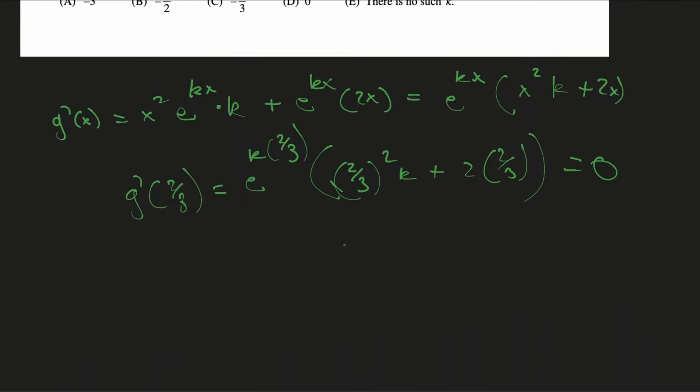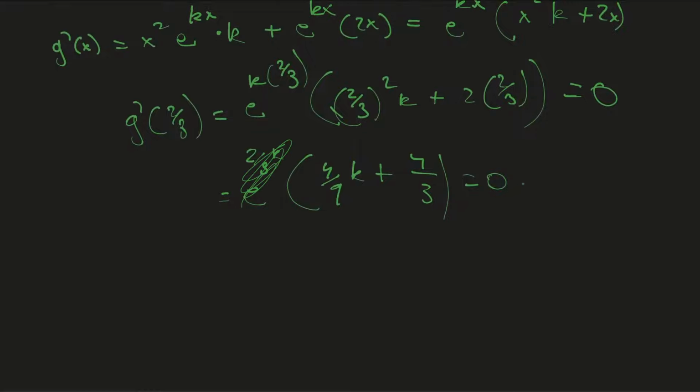Again, this needs to equal 0 because that's our critical point, and this is equal to e to the 2/3 k times 4/9 k plus 4/3 equals 0.